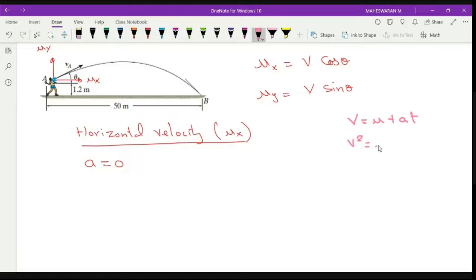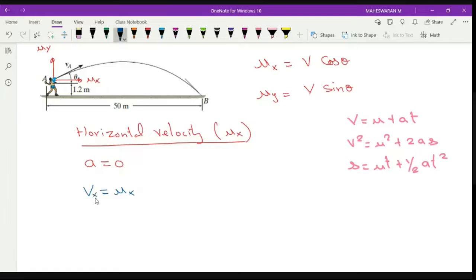V square is equal to U square plus 2AS. S is equal to UT plus half AT square. So for the horizontal equation, I can use only the first and the third one. So what I can say is V is equal to UX.